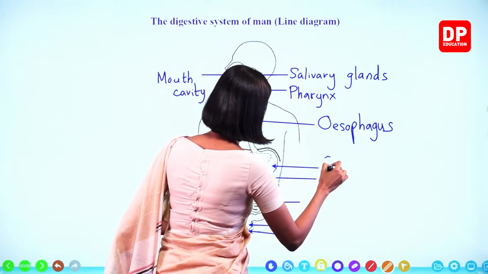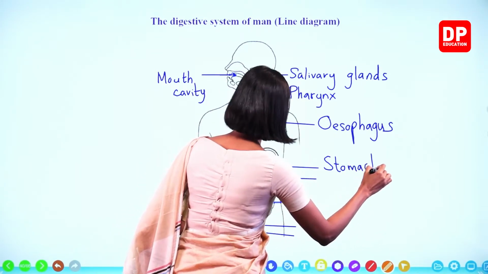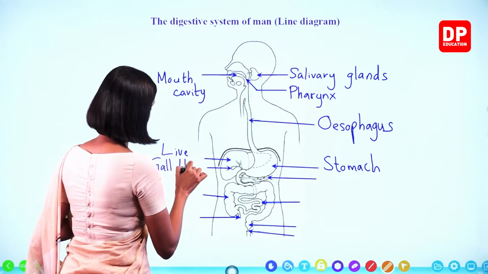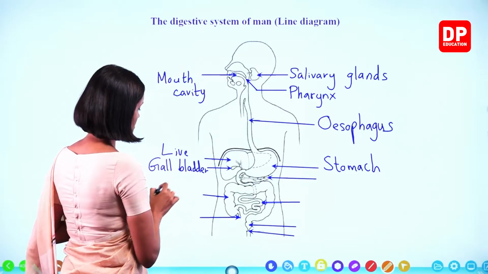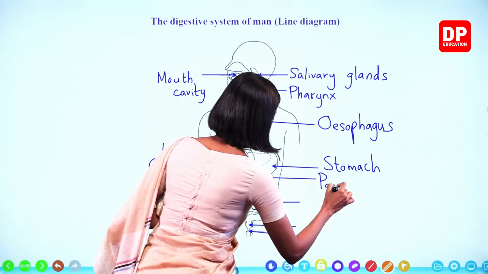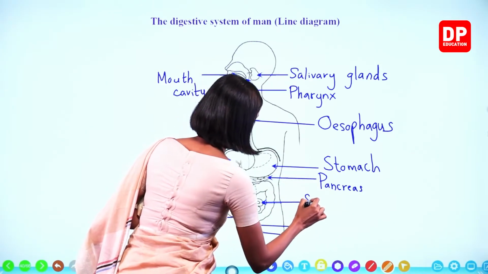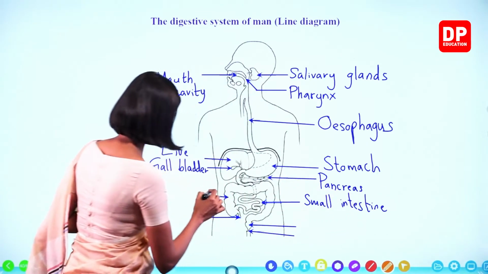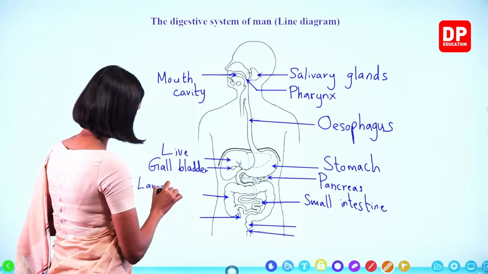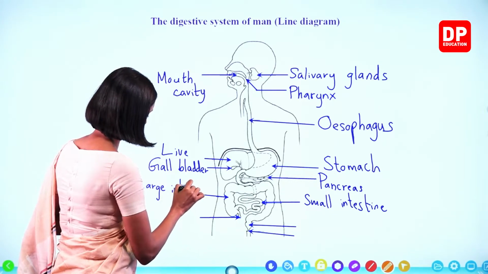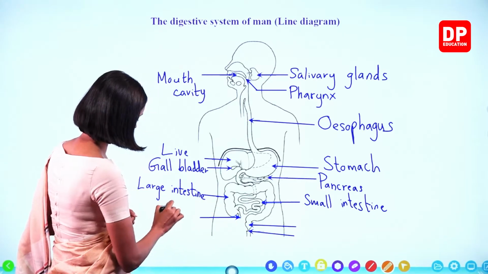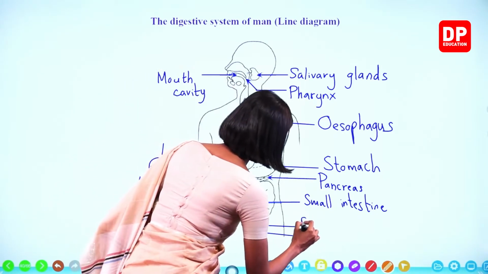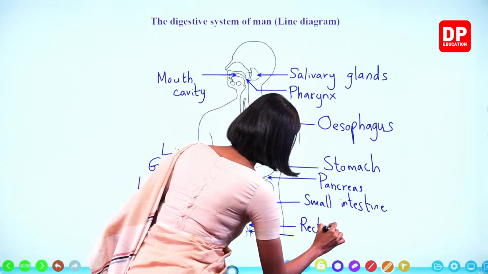Stomach, liver, gallbladder, here, pancreas, small intestine, large intestine, appendix, rectum, anus.